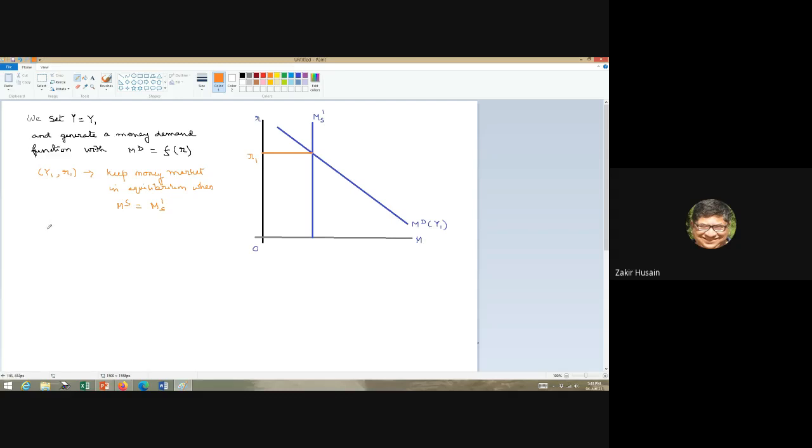Next, if you want to derive the LM curve, we can set y equal to y2, and in that case, how will the liquidity demand function or money demand function change?